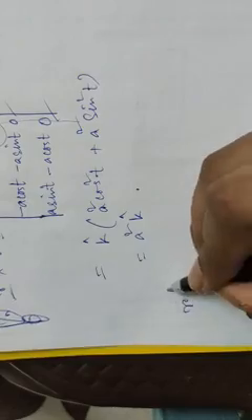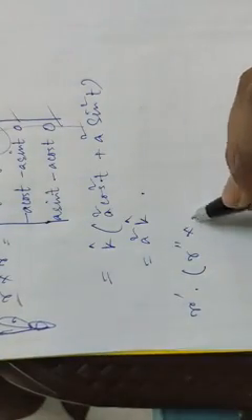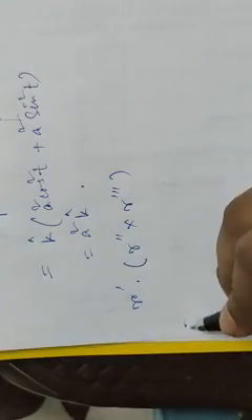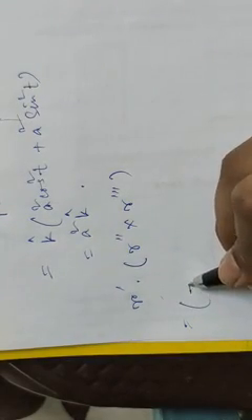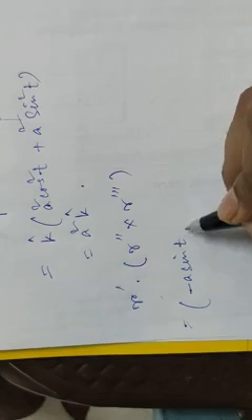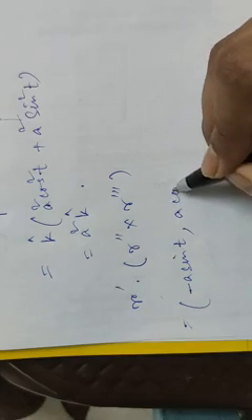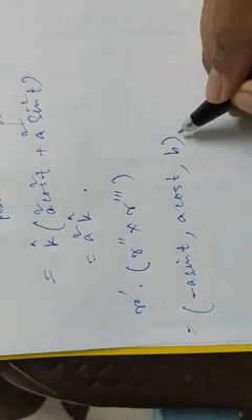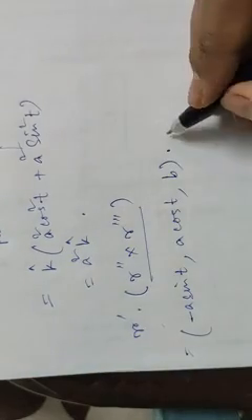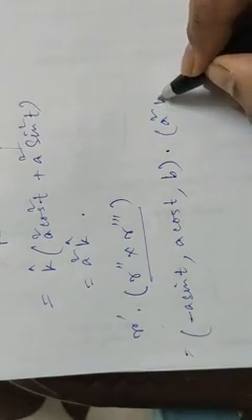Now we are trying to find r dashed dot this r double dashed cross r triple dashed. What is our r dashed? R dashed is minus a sin t, a cos t, b, dot this value, that is a² k cap.